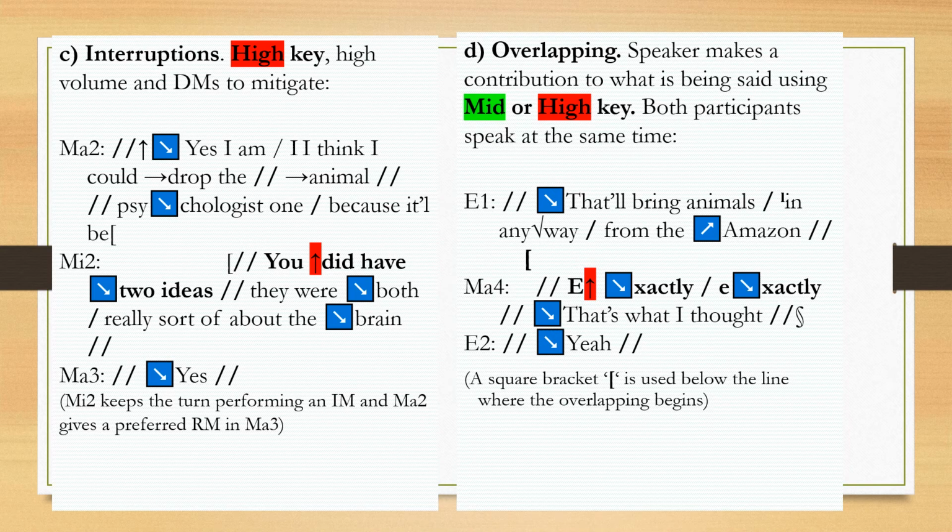So the important aspect about this is that this is produced generally with mid-key or high key, meaning that the speaker is taking over the turn then. As you can see also in terms of convention, in conversation analysis, a square bracket is used to signal then that there has been an overlap or an interruption.